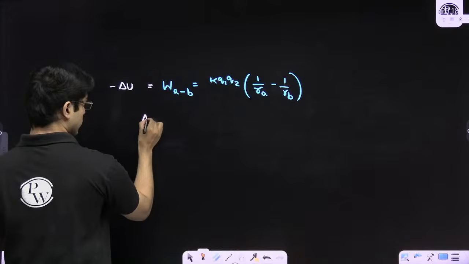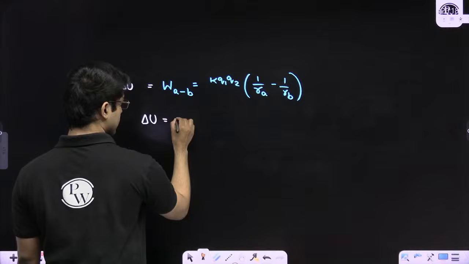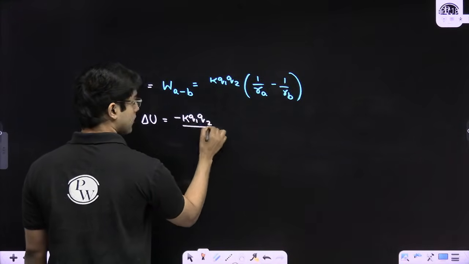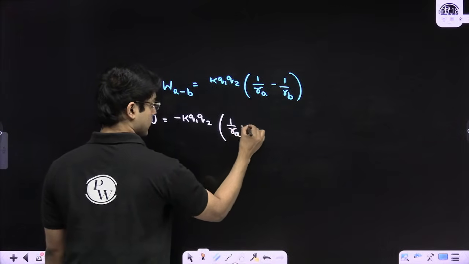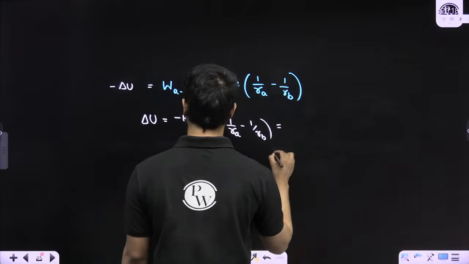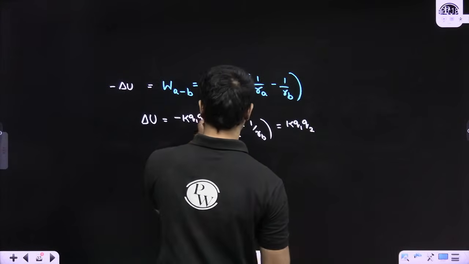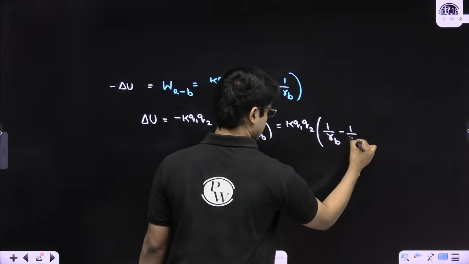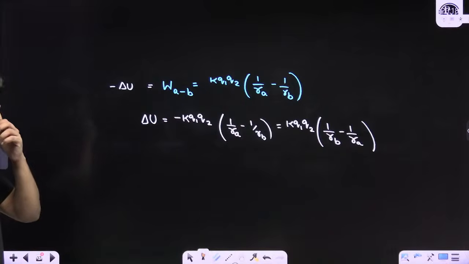So delta U will be, just put a minus sign here, kQ1Q2 into 1 by RB minus 1 by RA.